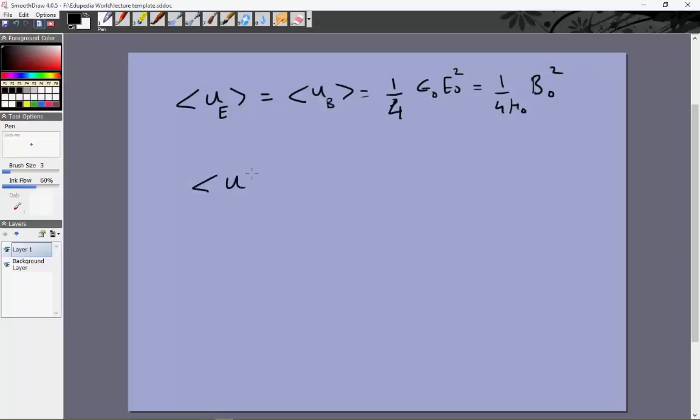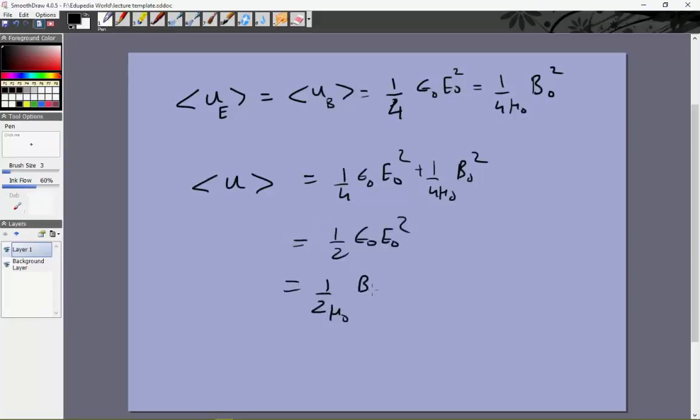And the total energy density, which is obviously the sum of energy densities for electric and magnetic field, is 1 by 4 epsilon naught E naught squared plus 1 by 4 mu naught B naught squared, which is also equal to half epsilon naught E naught squared, and is also equal to 1 by 2 mu naught B naught squared, because these two terms are equal. So the energy of an electromagnetic field can be written either in terms of the magnitude of electric field or magnetic field, or can be written separately. This is the electric field combination, this is the magnetic field combination, right?